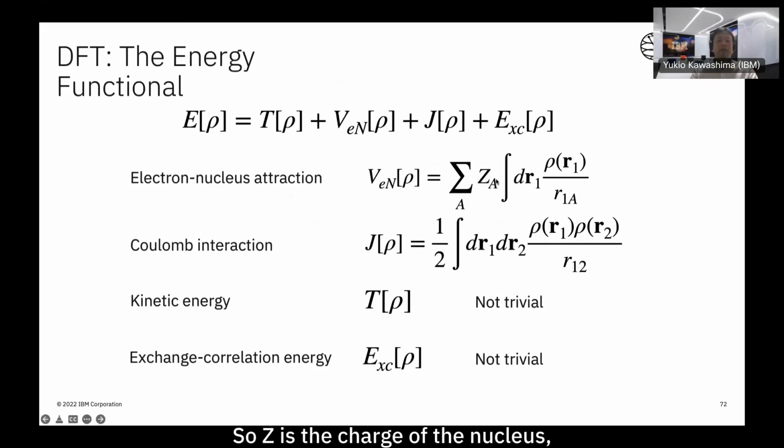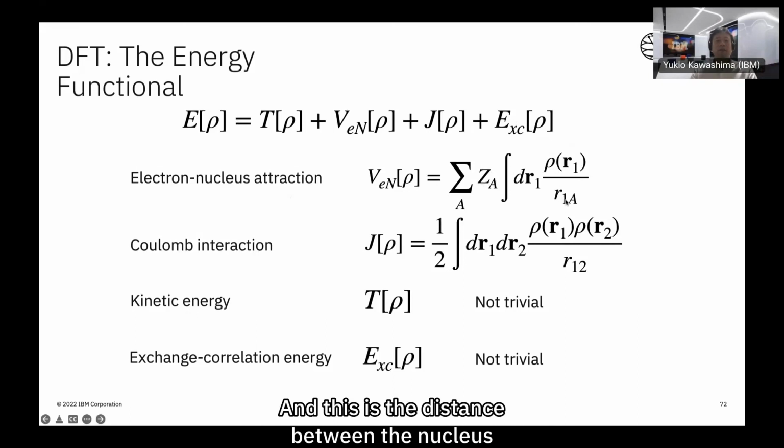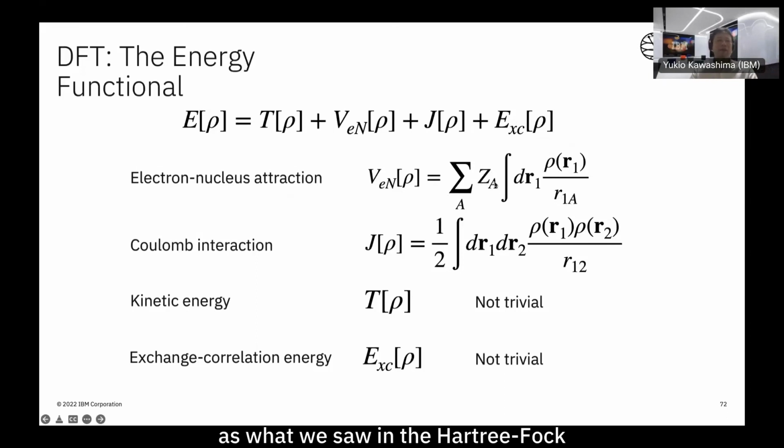Z is the charge of the nucleus, rho is the density of the electrons, and this is the distance between the nucleus and the electron. This is almost exactly the same as what we saw in the Hartree-Fock and other Hamiltonian terms, so this seems obvious or trivial.